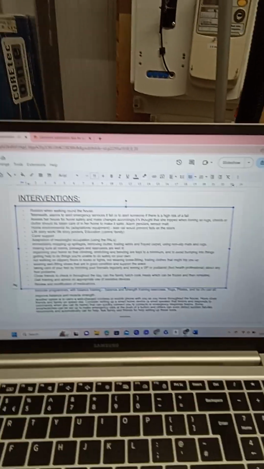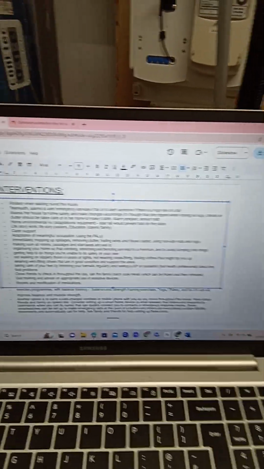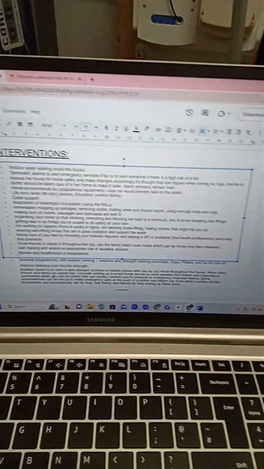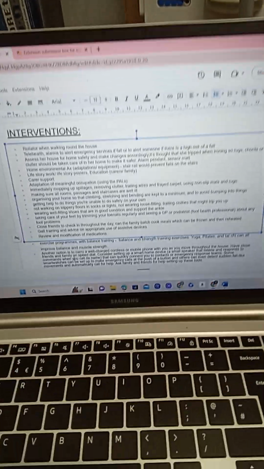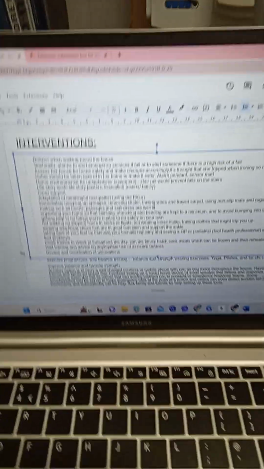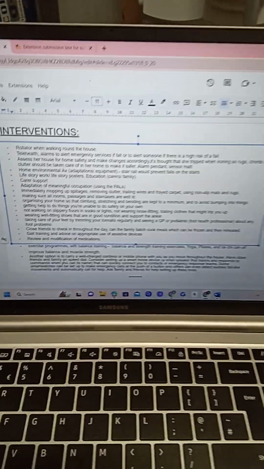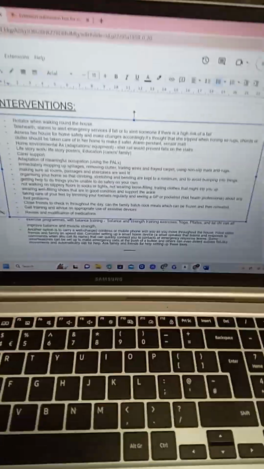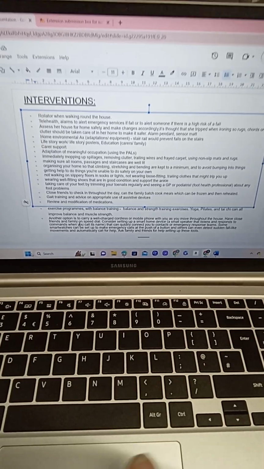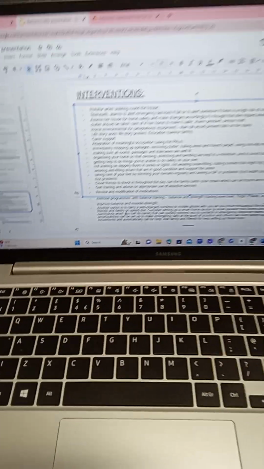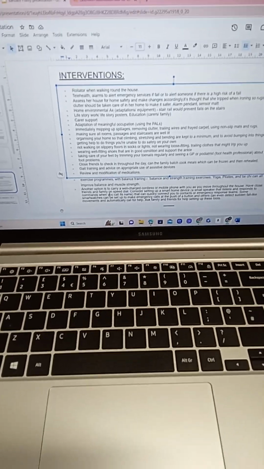We could look at advising Barbara, if something does spill or get knocked over, to immediately pick it up or get rid of any trailing wires, using non-slip mats and rugs. We could organise the home so that climbing, stretching and bending are limited. Also, taking care of your feet is a very good way of preventing falls.